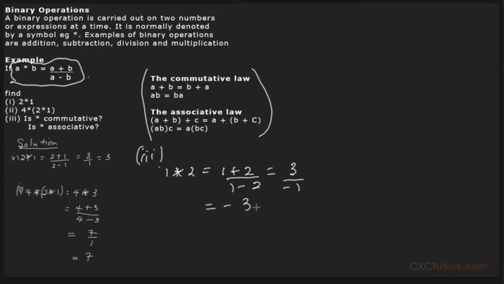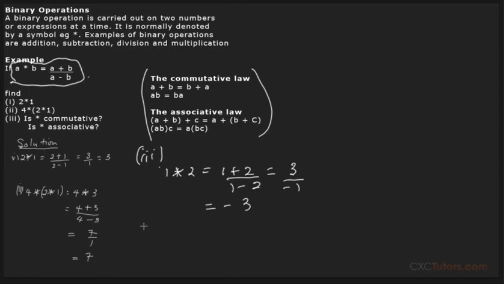Now when we compare the result of 1 star 2 with that of 2 star 1, we realize that the values are not the same. 2 star 1 is equal to positive 3, and 1 star 2 is equal to negative 3.